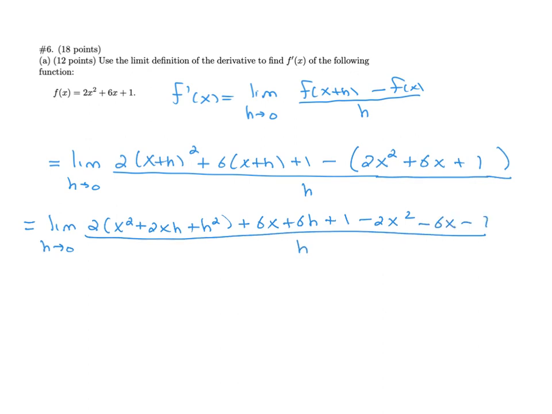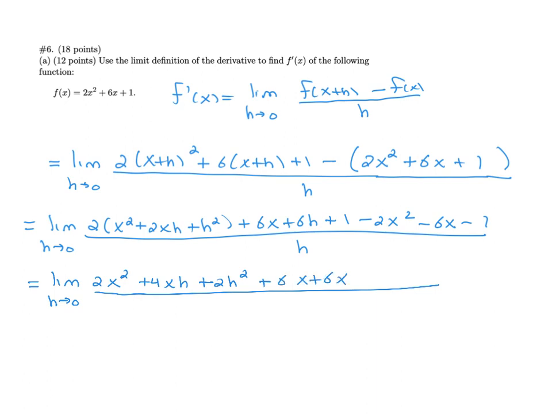Before we can start canceling stuff, I'm going to distribute in this 2, and this is the limit as h goes to 0 of 2x squared plus 4xh plus 2h squared plus 6x plus 6h plus 1. Then we have minus 2x squared minus 6x minus 1, all over h.